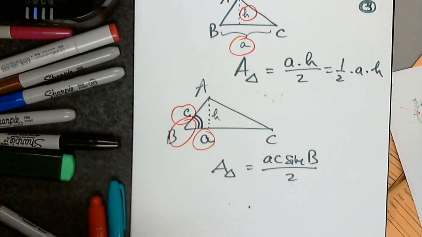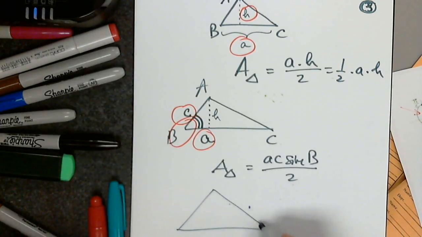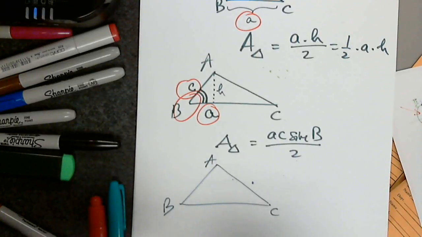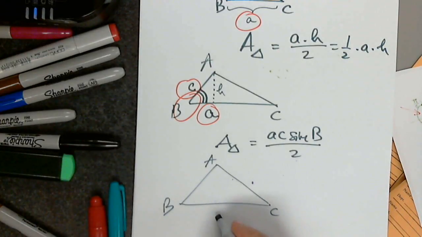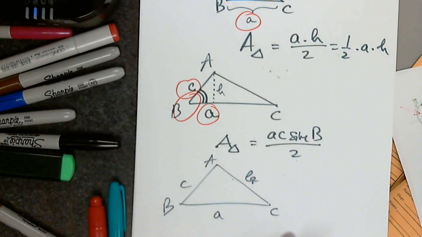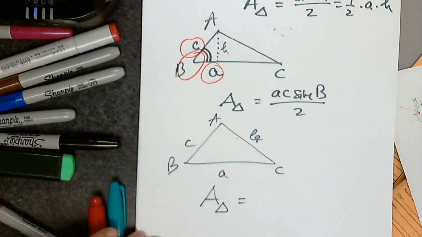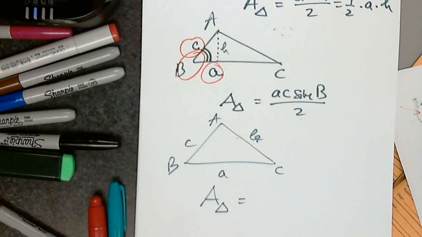Now there is a third option. I have a triangle whose sides are given. All sides are given, A, B, and C. How do I determine the area of this triangle? Well, there is another formula. You will find the formula somewhere in your book in 6.6.